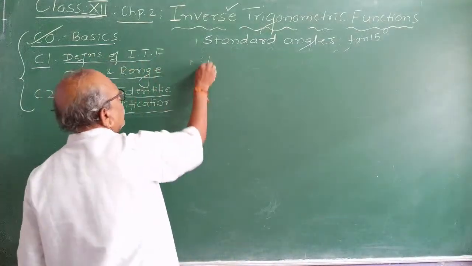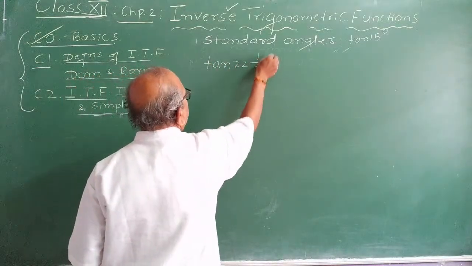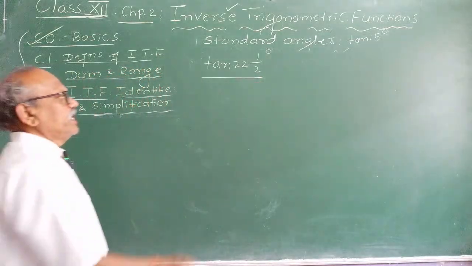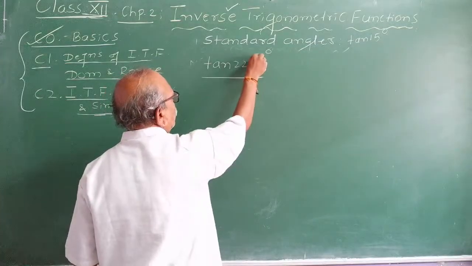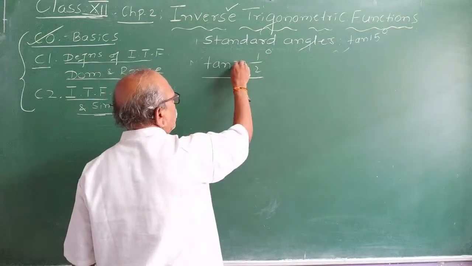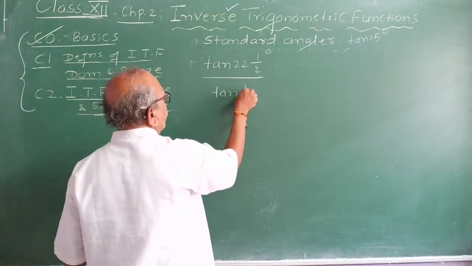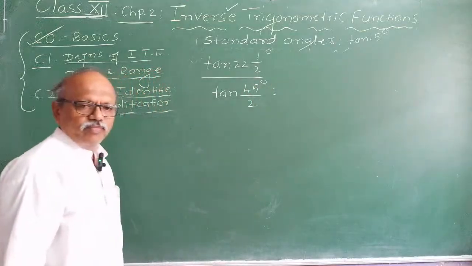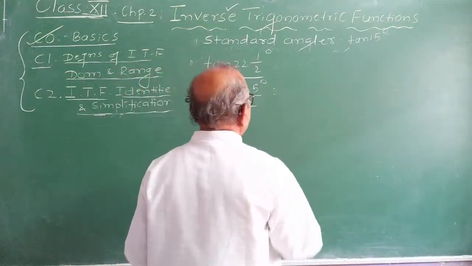Now, similarly, can you try to get tan at 22.5 degree? You know that 22.5 is 45 degree upon 2.